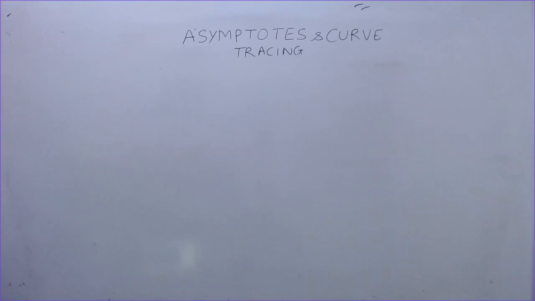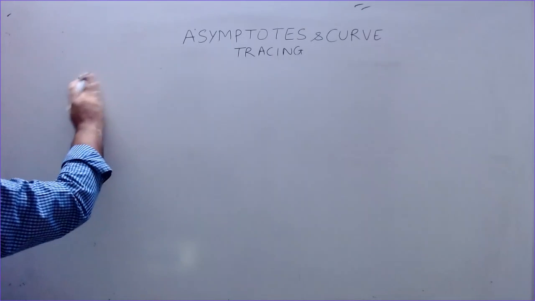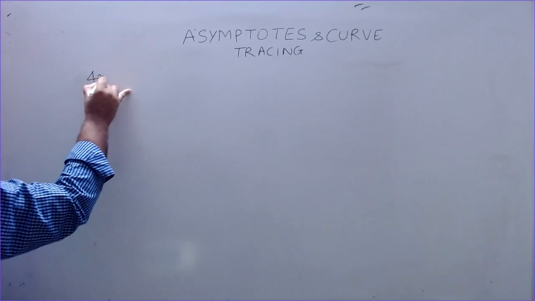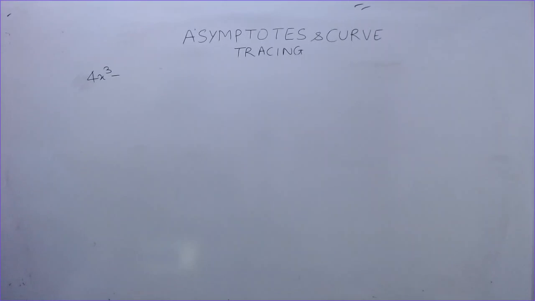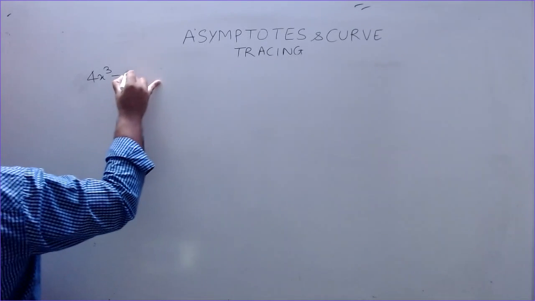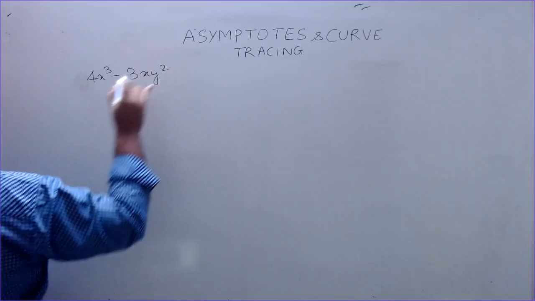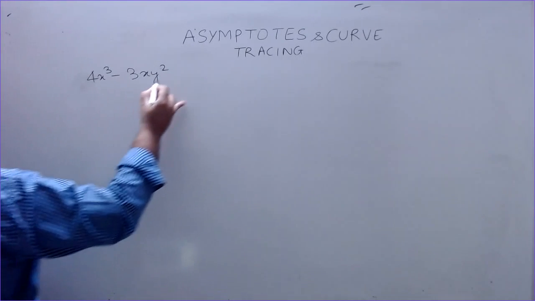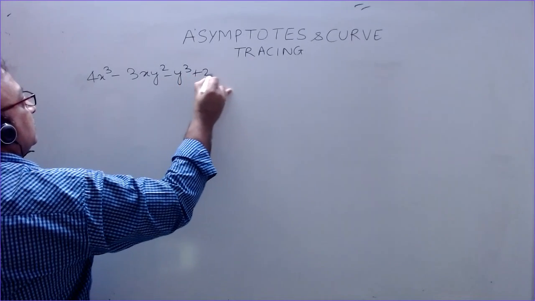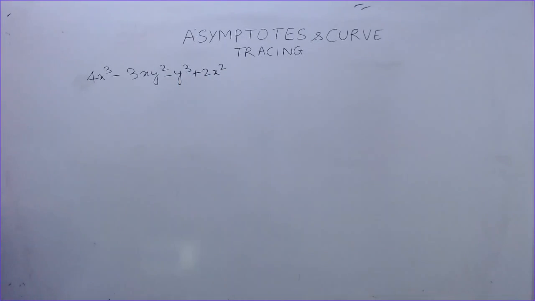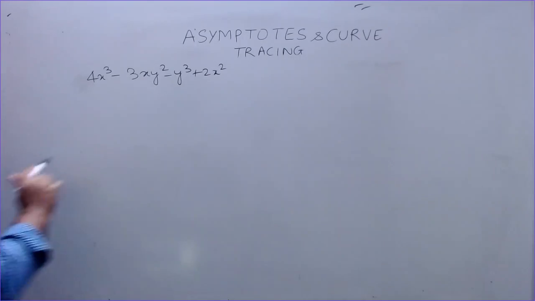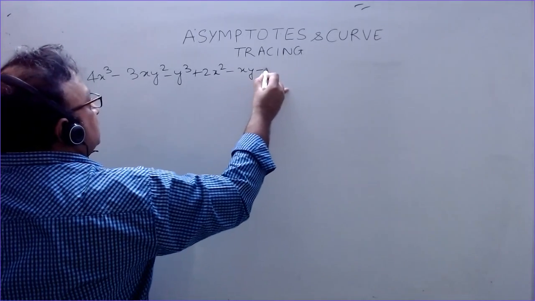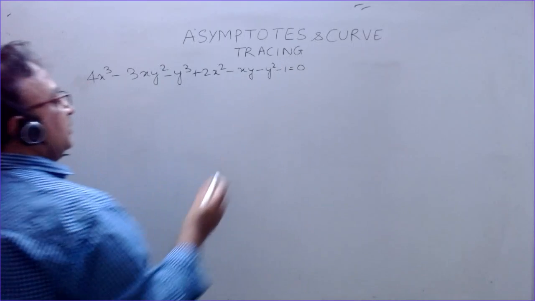The next question is y equal to 4x cube minus 3xy square minus y cube plus 2x square minus xy minus y square minus 1 equal to 0.